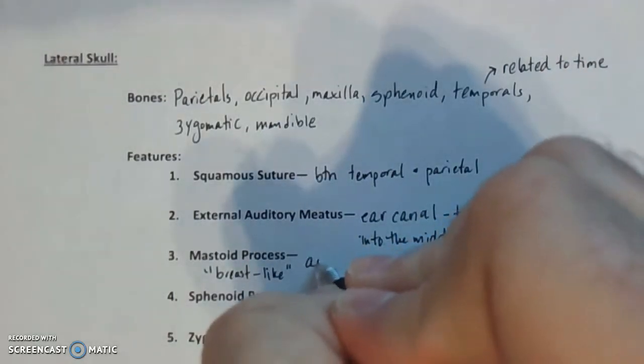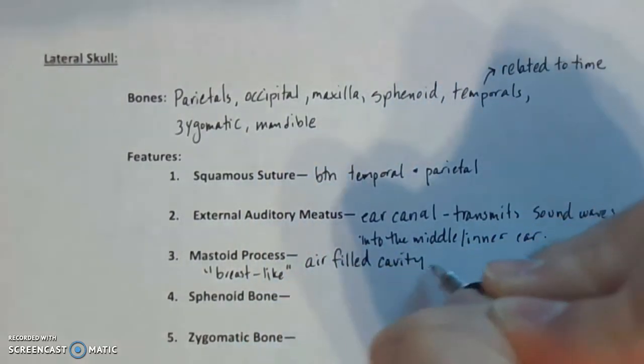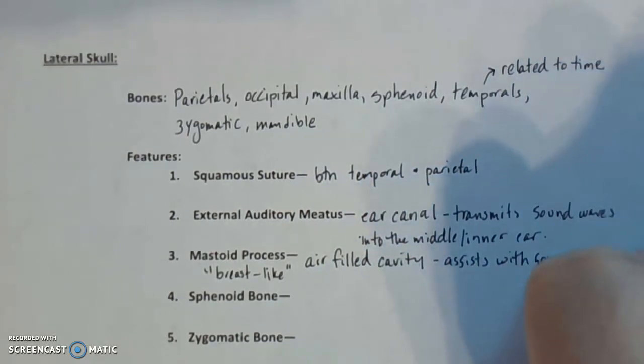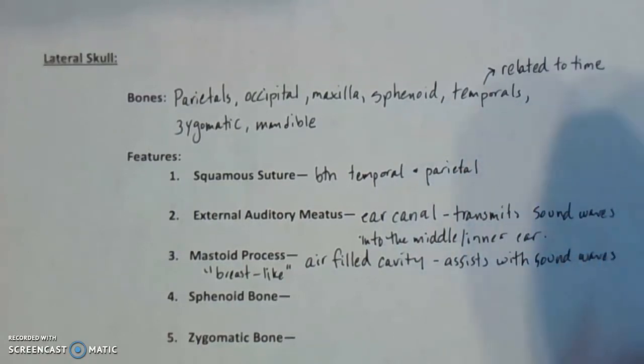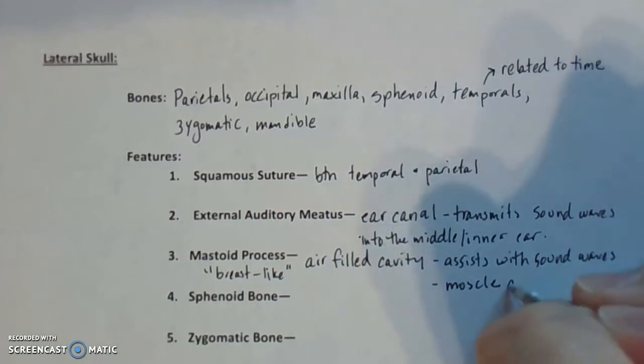This air-filled cavity assists with sound waves, helping with almost like an echo or reverberation. You can put a tuning fork that's struck behind there and you'll be able to hear it because you can transmit sound waves through the skull. This is also a muscle attachment site.